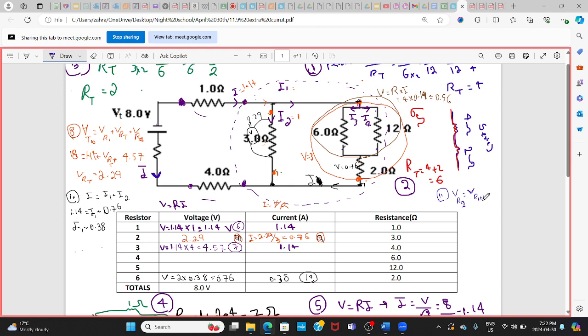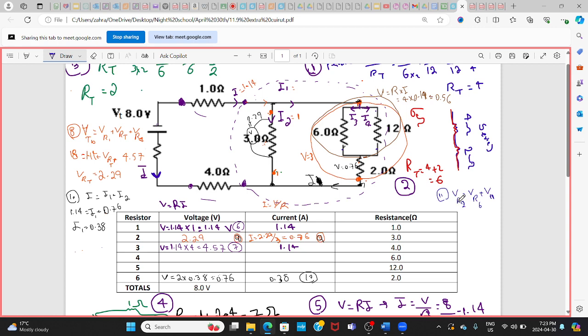I want to make a note for you. Again, the whole thing here: V across R2 is the same as the V across everything that you see here, which is equal to V across R6 plus V across the parallel system that you see there.